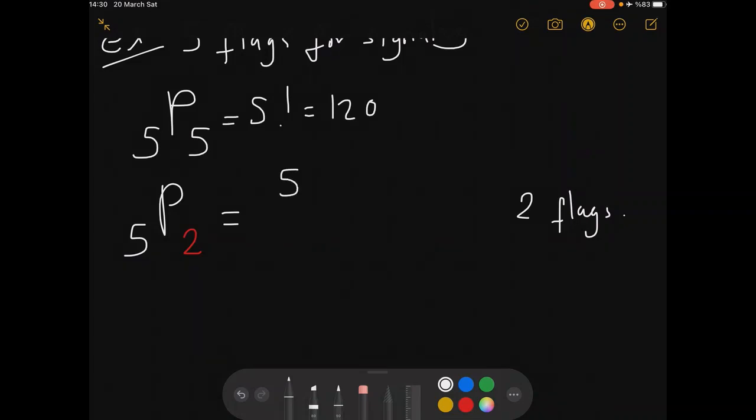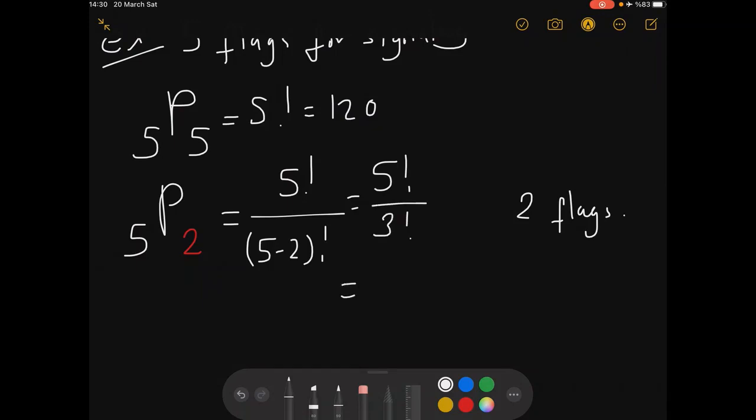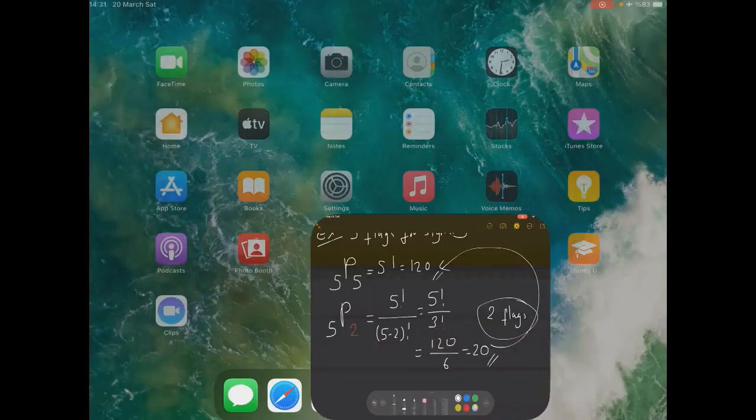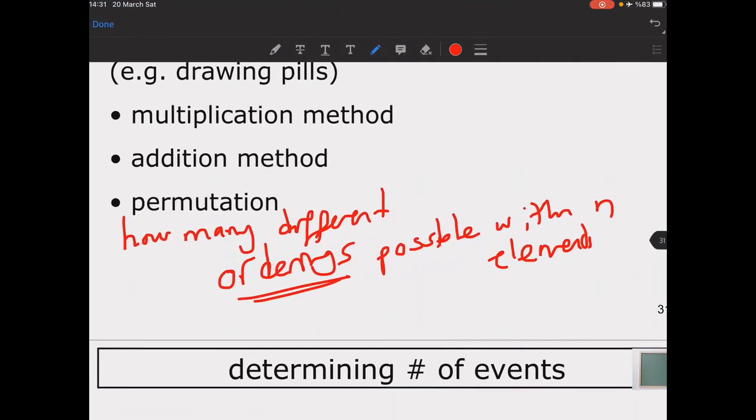It means that you will have 5 factorial over 5 minus 2 factorial, and it corresponds to 5 factorial over 3 factorial, and only 20 different orderings possible here instead of 120 if you limit your ordering slots with 2 in this sense. Okay, I hope you have an idea about permutations.